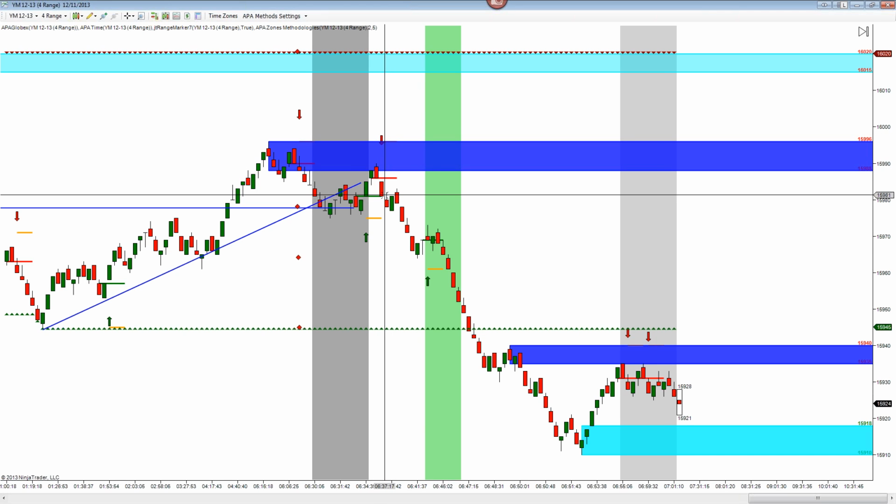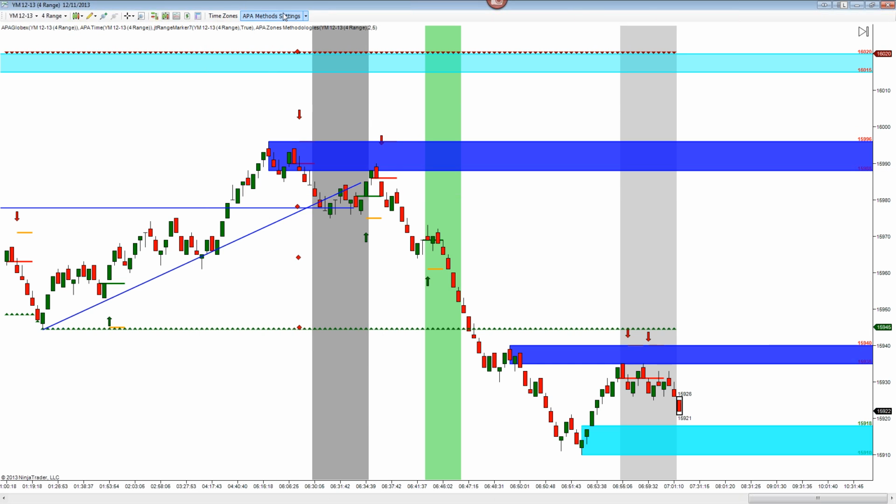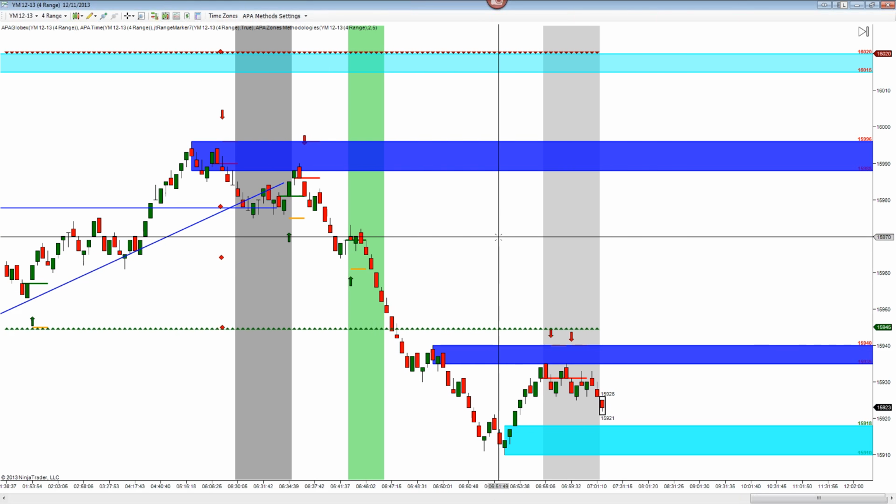As we release the new update for APA Zones 4, we're also coming out with APA Zones Methods, or methodologies is actually what it's called.